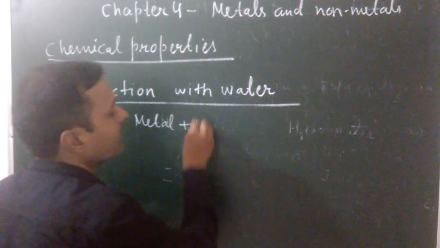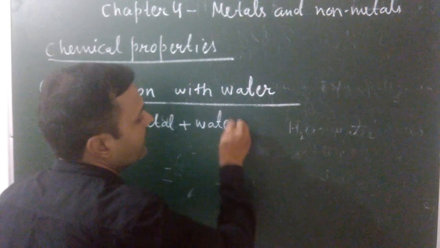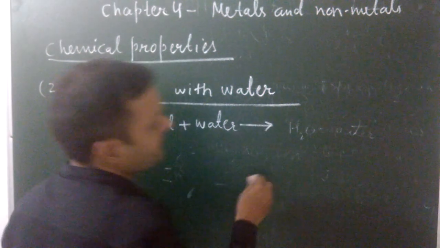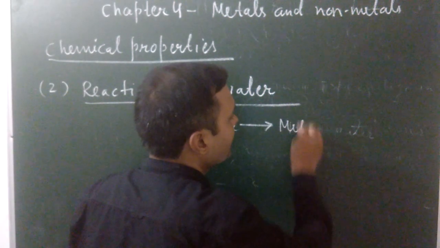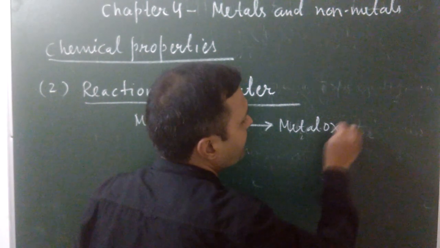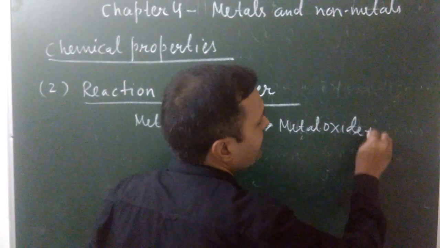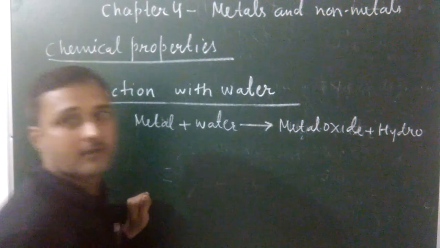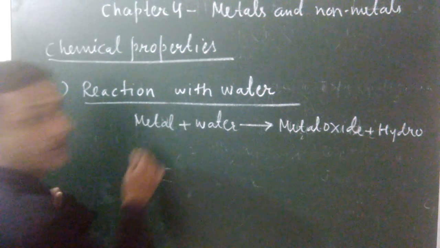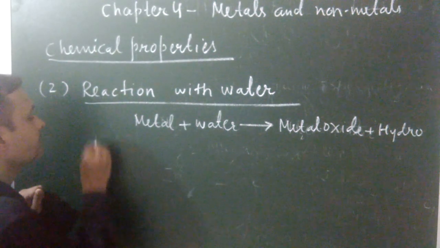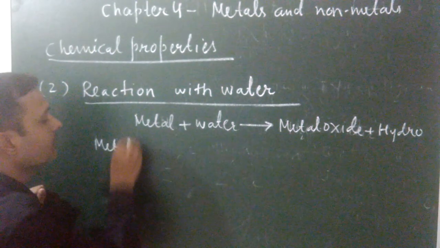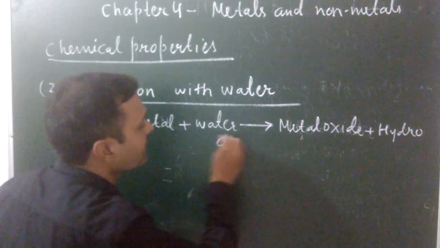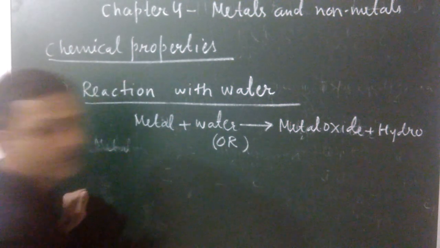metal plus water gives metal oxide plus hydrogen gas. Now see the second one: there are two possibilities, metal oxides or metal hydroxide.